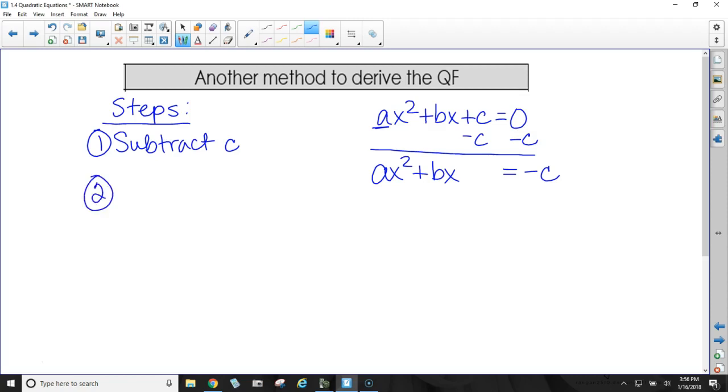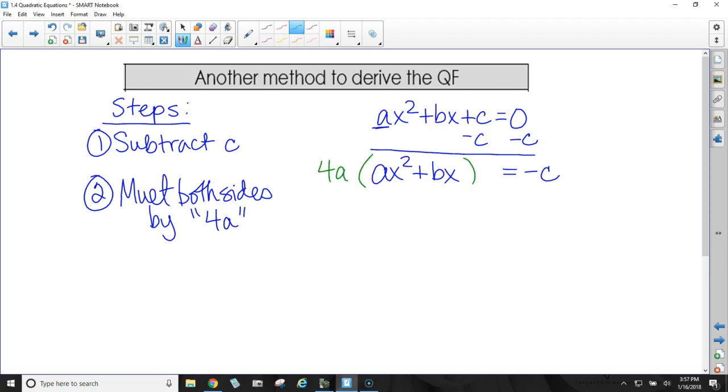The second step you're going to do is multiply both sides by 4a. So I'm going to multiply this side of my equation by 4a, and I'm going to multiply this side of my equation by 4a.